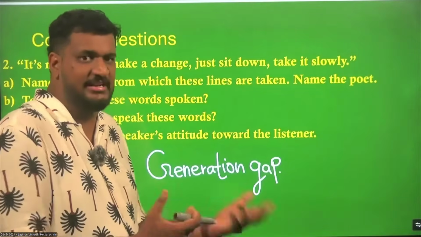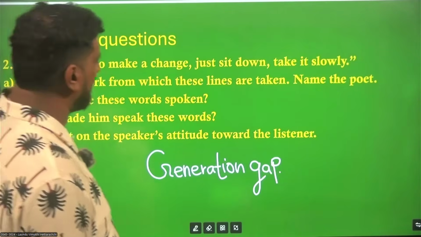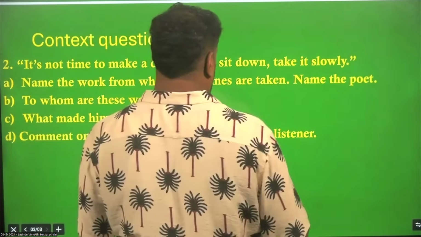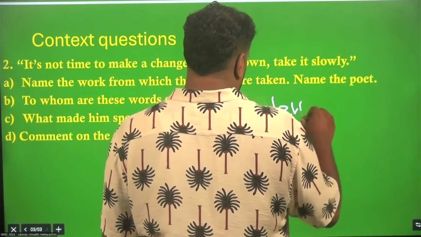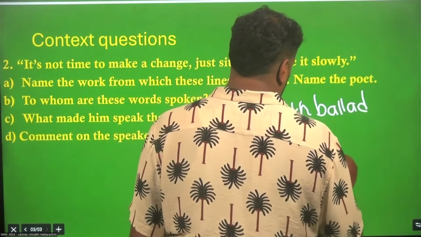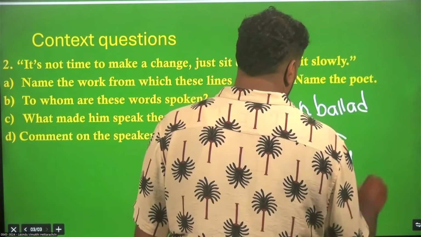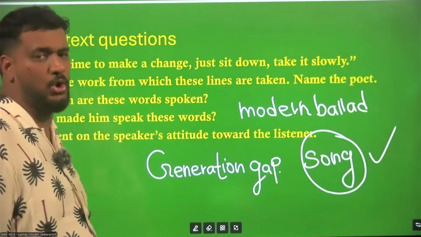You have identified the poem, that is correct, and this poem can be taken as a modern ballad, or in simple terms, you can identify it as a song.